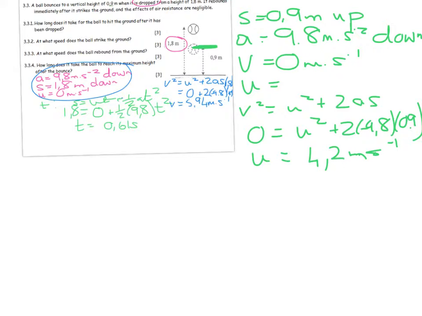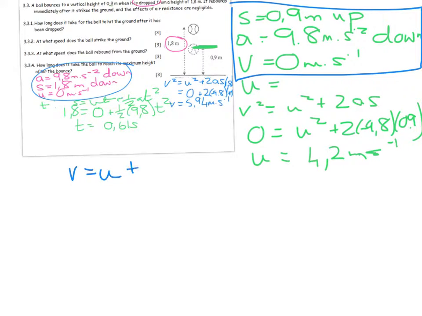Then the last thing is how long does it take the ball to reach its maximum height after the bounce. Again, I'm going to be using this information over here, but I'm interested in time this time. So I'm going to go v is equal to u plus at. My final velocity is 0. My initial velocity, I do know, is 4,2, but it's 4,2 going up.